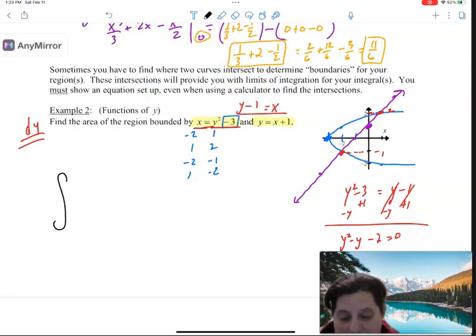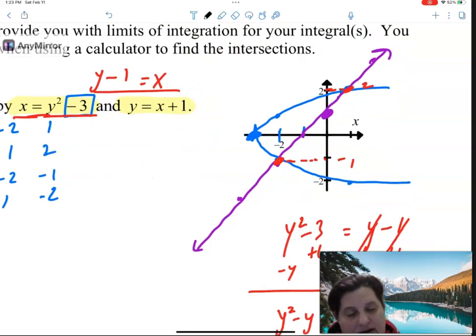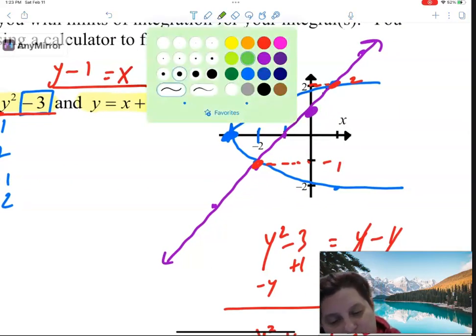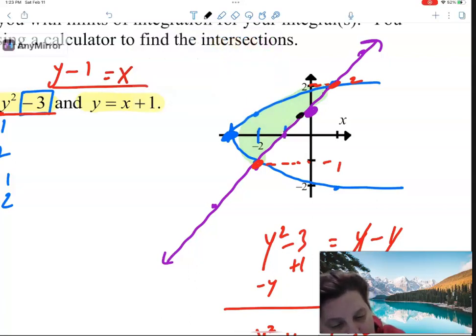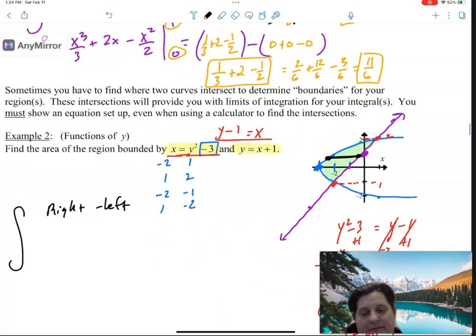Because of the dy, I've got to set this up a little bit differently. Instead of top minus bottom, I've got to go right minus left. I'm looking at this curve right here, and I want this area. So I'm going to take the right minus the left. The right-hand curve is the line and the left-hand curve is the parabola.